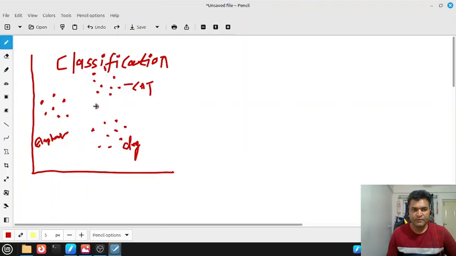This is our point, and we want to see which class this point belongs to. So how? There is one algorithm, KNN, that is K nearest neighbor.